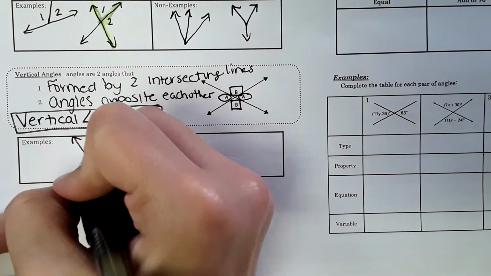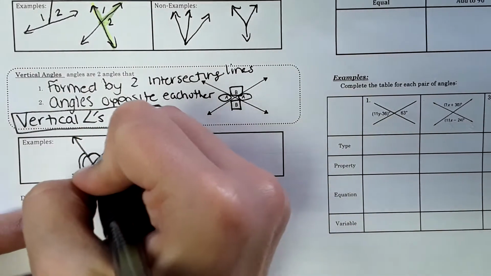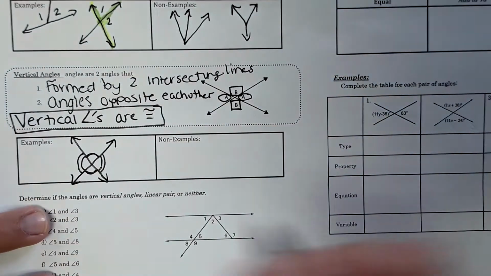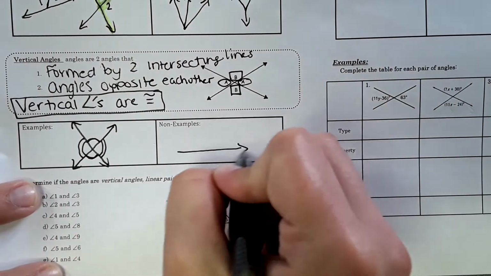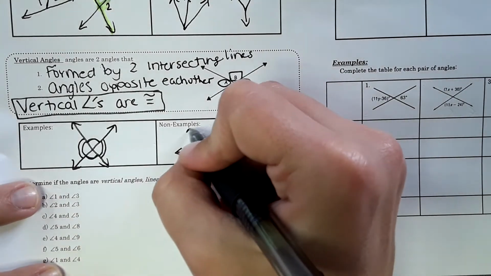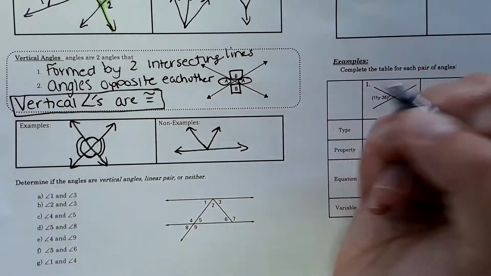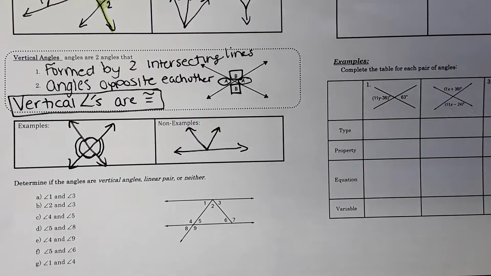And this angle would be the same as this one. So if we do two lines and two lines, that means that they match in measure. So a non-example, maybe something like this. There's no opposite angles there.